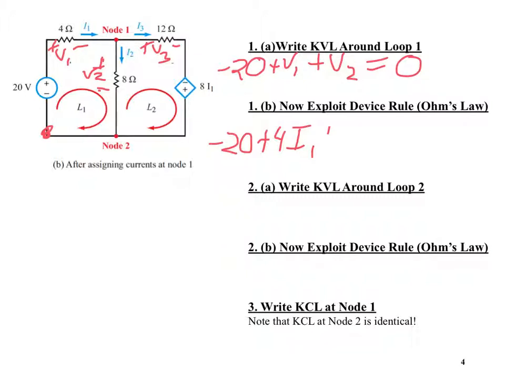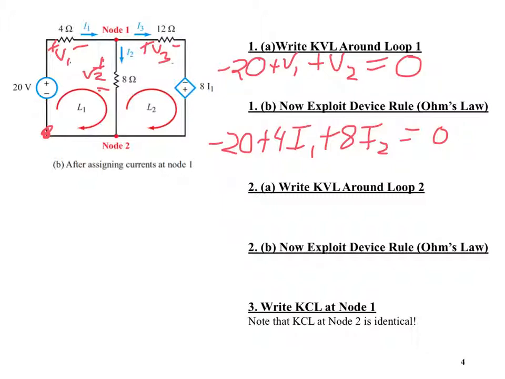So we're adding V2, and it's plus 8 times I2, and that's equal to 0. So there is the first equation that the book would just jump immediately to. And like I said, I don't like jumping immediately to this equation, at least not right off the bat.